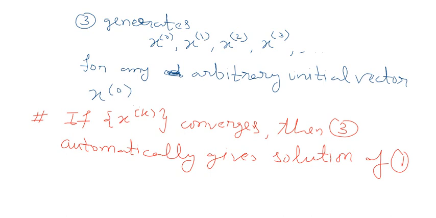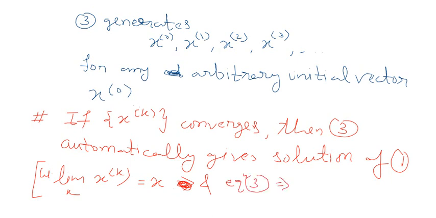It is very simple to see: the limit of x_k equals x, and this together with equation 3 implies x equals Qx equals (Q minus A)x plus b in the limiting sense, which if you rewrite is Ax equals b. Hence the limit is the solution of the system.